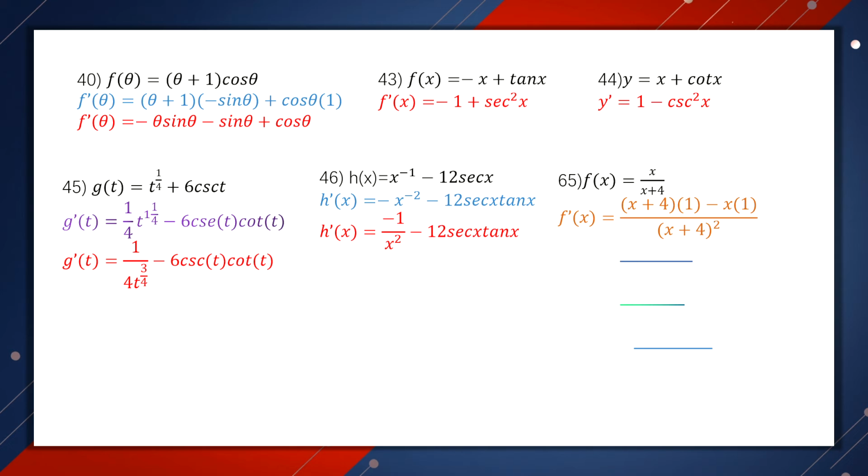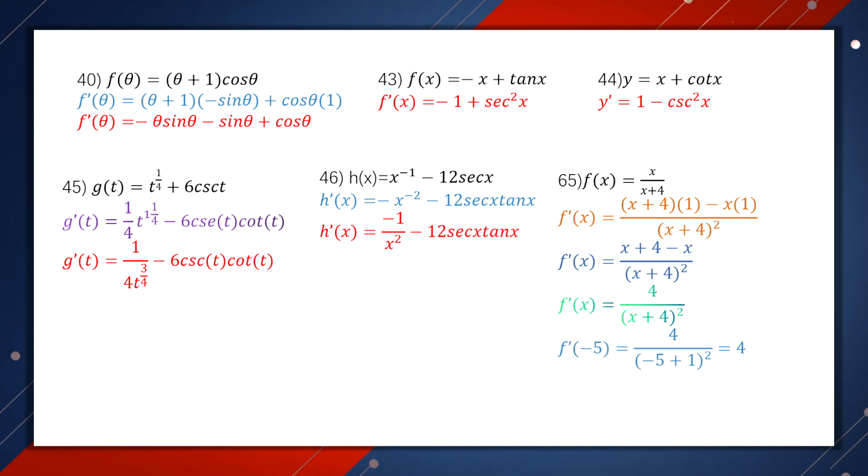So in this question, x plus 4 is g of x and x is f of x. So the derivative of x first becomes 1, and then we will take the derivative of g of x, which is x plus 4, so it becomes 1, and we have g of x squared, so it's x plus 4 squared. So next is simplify it. Then we will get 4 over x plus 4 squared.